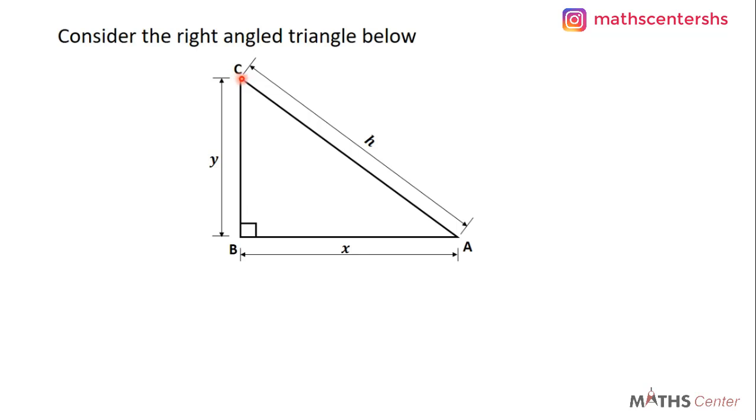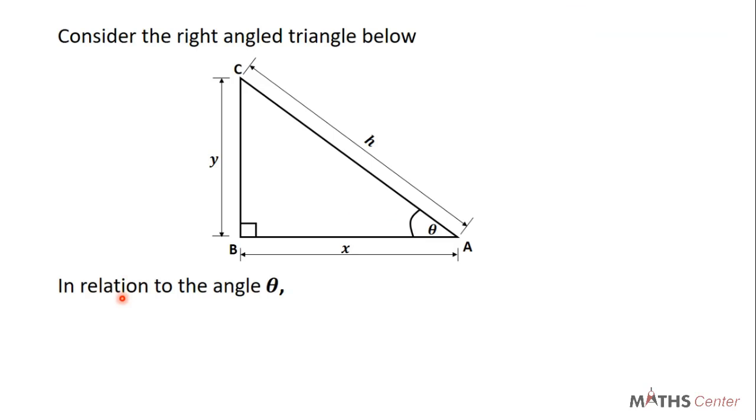So clearly you can see that the longest side is AC. So that is the hypotenuse. Now we are going to call this acute angle here angle theta. In relation to the angle theta, line AC, or this time the distance H, is the hypotenuse, because moving from A to C, that is the longest side.